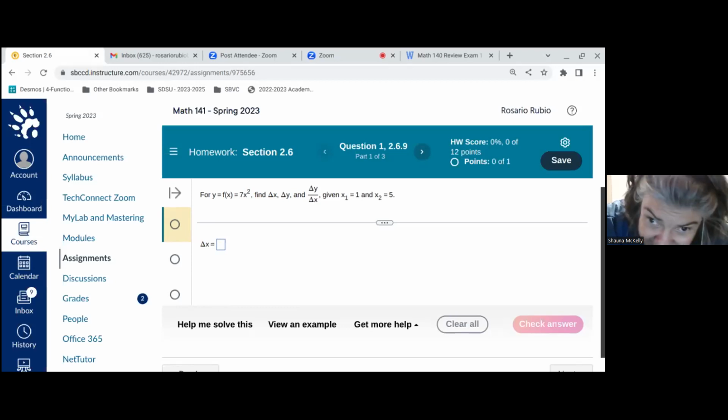This is one of those cases where the way that Pearson's doing it is making it harder than it actually is. This is 1, and this is 5. It's setting you up because they want to emphasize the difference between a tangent and a secant line.